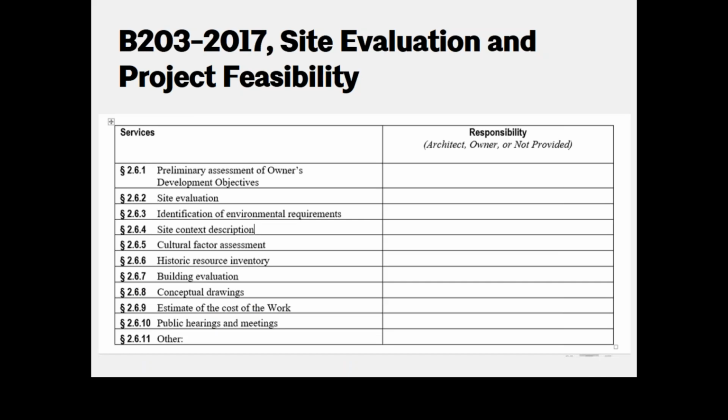And because project feasibility and site evaluation is very much a project-specific set of services, we've created this document as a menu of services. So there's no set standard of services here. You really need to go through the matrix that is in this scope and select the services that are appropriate.